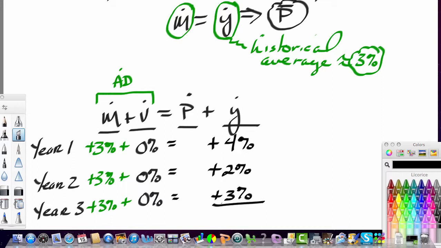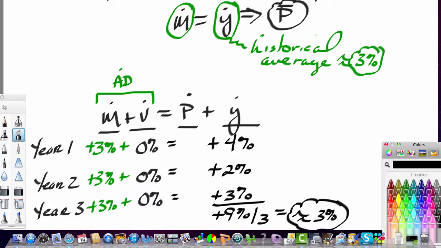If you add up these percentages, which is kind of a no-no, because you actually have a compounding effect here, you really don't add up percentages like this over time, but let's just cheat a little bit. That's about 9%, a little over 9% actually. Divide that by 3, you get the average of 3% growth.